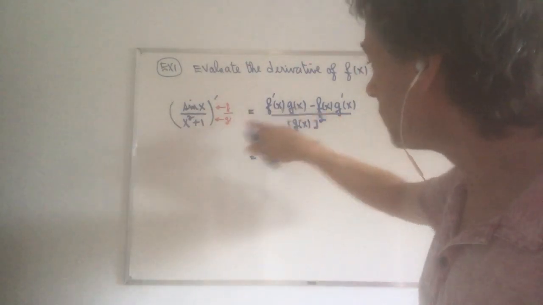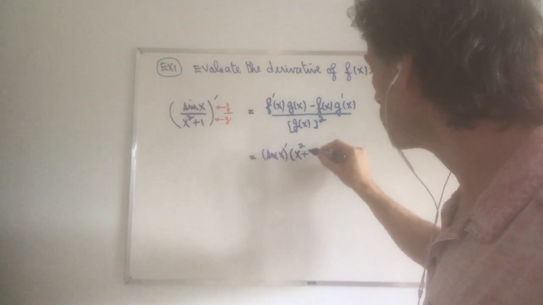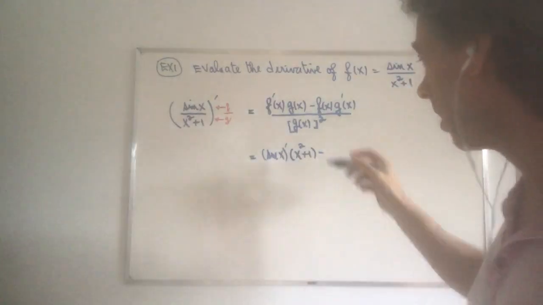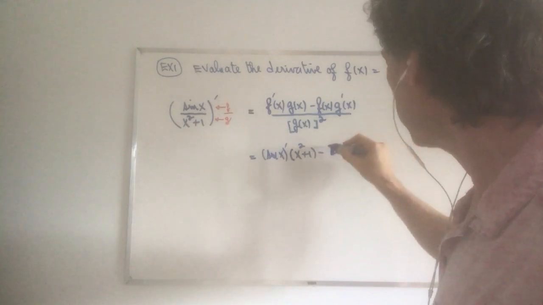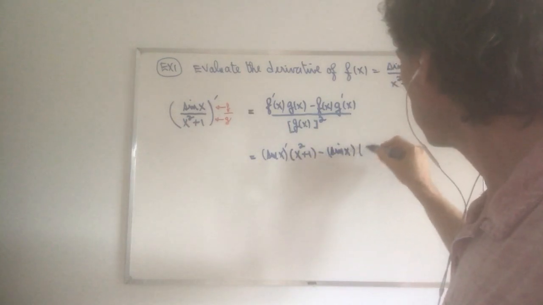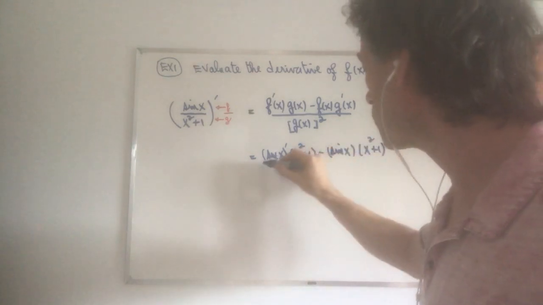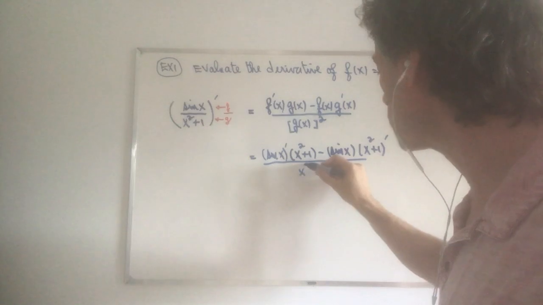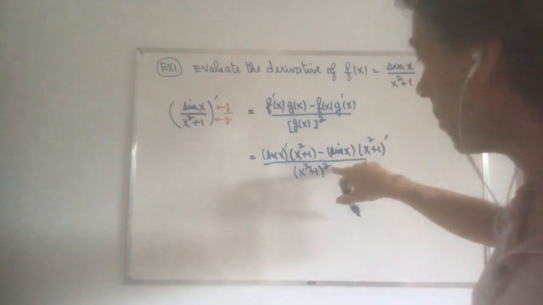Then we shall go times g, and g is the bottom guy, x squared plus 1. Minus, well, we basically switch the prime from one to the other. The first one shall go not prime, and the second one shall go prime. And of course, I will not forget to divide this by g of x all squared. G of x is the bottom, x squared plus 1. That goes squared, not prime.